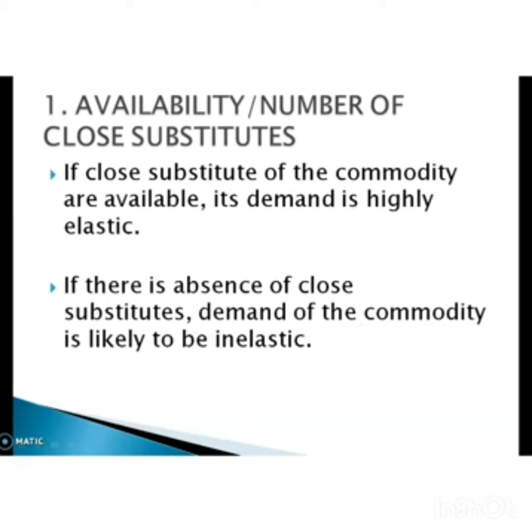If close substitutes for a particular good are available in the market, then the demand for the good would be relatively more elastic. For example, since tea, a close substitute for coffee, is available in the market, a rise in the price of coffee would result in a considerable fall in its demand and consequent rise in the demand for tea. Therefore, demand for coffee would be relatively more elastic because of the availability of tea.